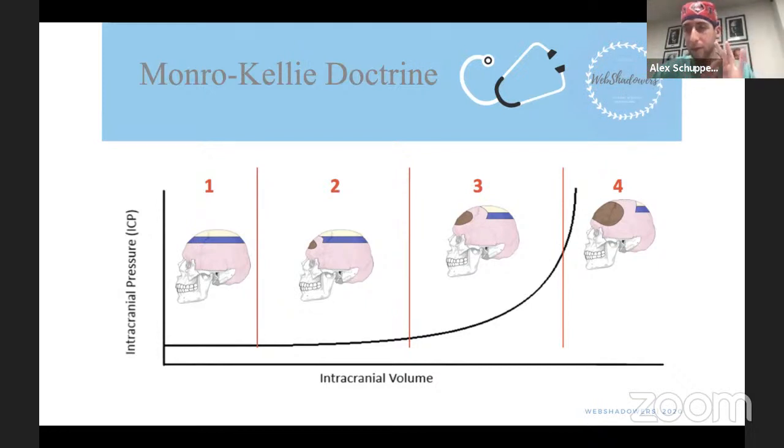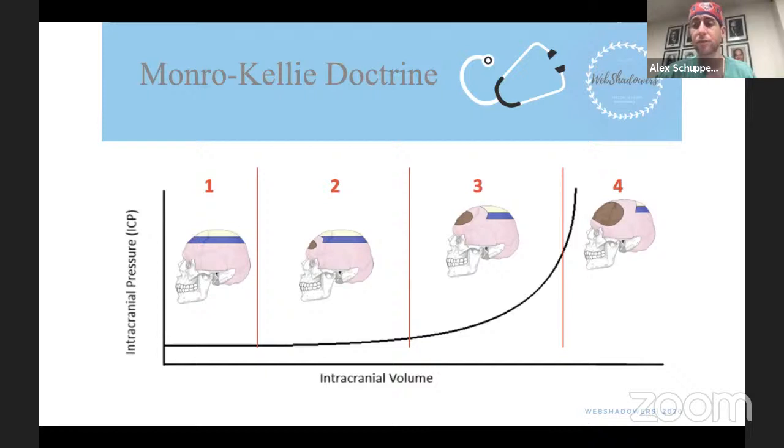Those three things, brain, water, and blood, are in a set amount, and if you increase the amount of things in a fixed volume, the pressure will go up, which is why if you have any type of bleeding in the brain, or any other reason to have more things inside of the head, it doesn't have to be blood, it can be a tumor, it can be an infection, it can be any type of swelling, these can all cause the pressure inside the head, or the ICP, intracranial pressure, to go up.